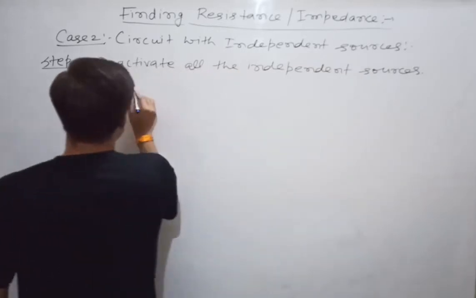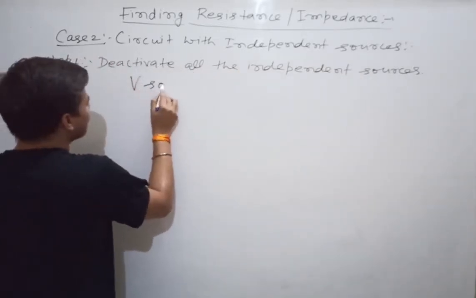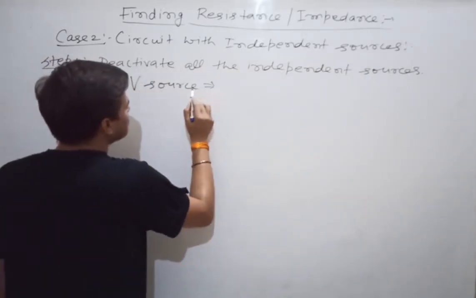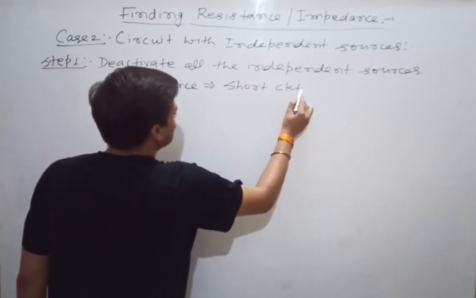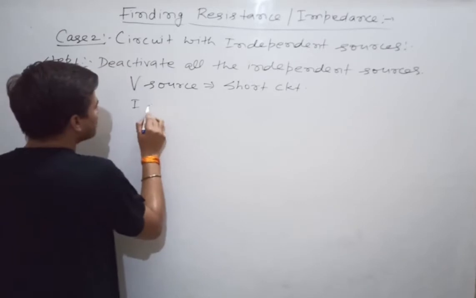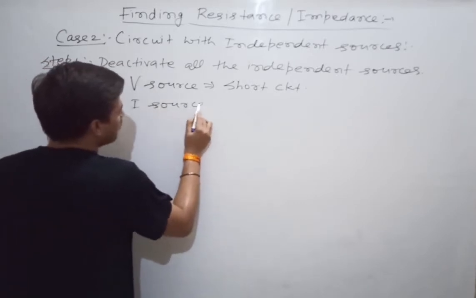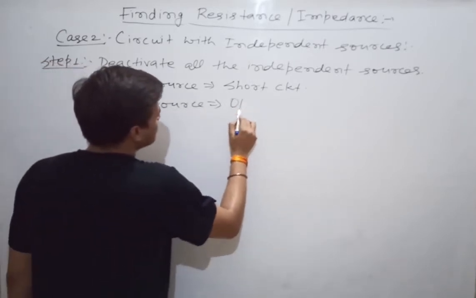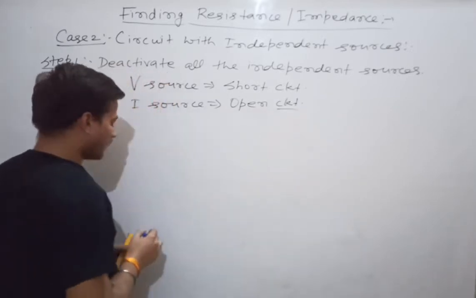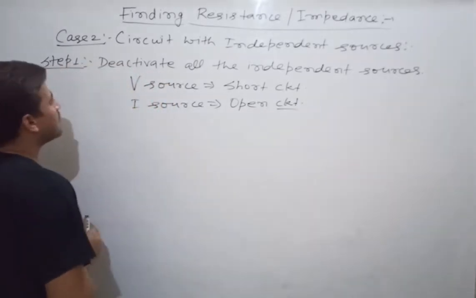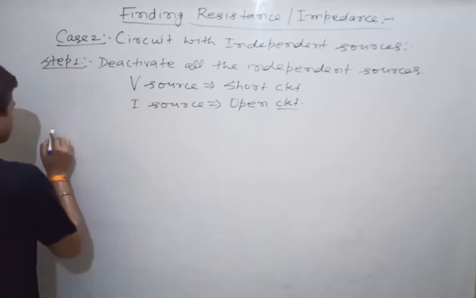That means a voltage source will be replaced by a short circuit. And if you are having a current source, it will be replaced by an open circuit. Clear? Second step.